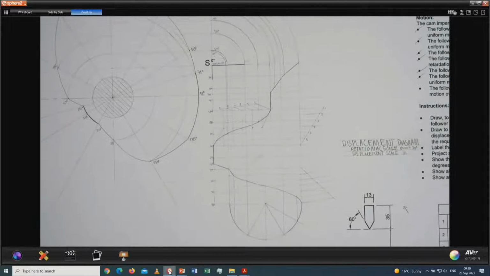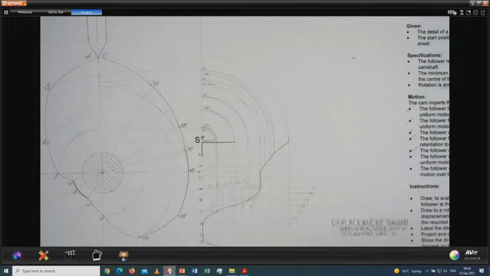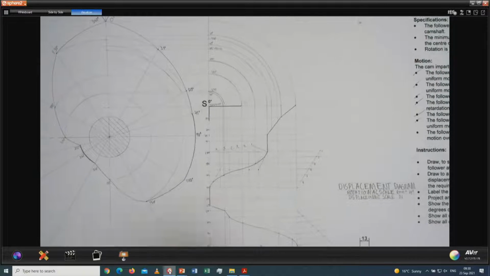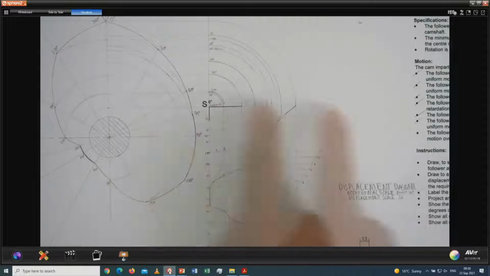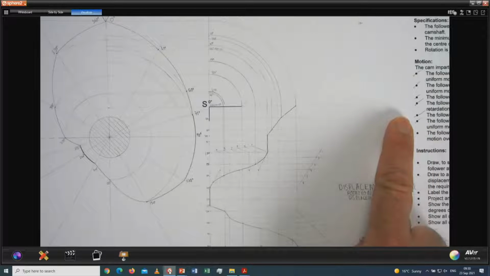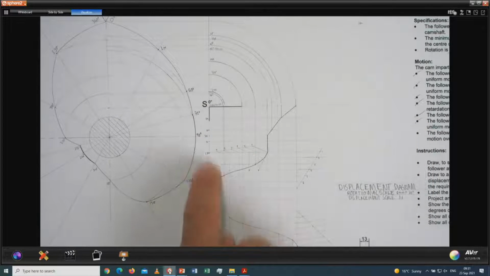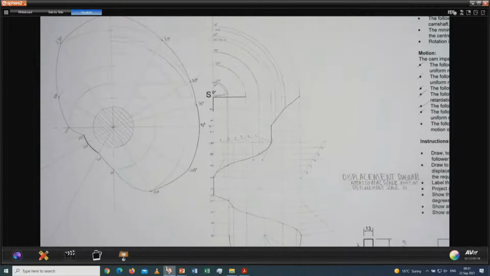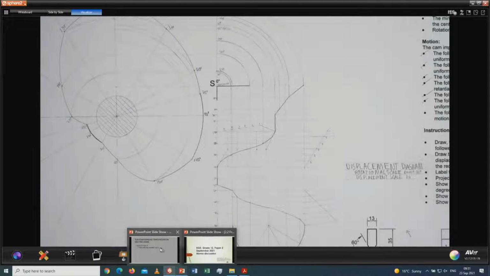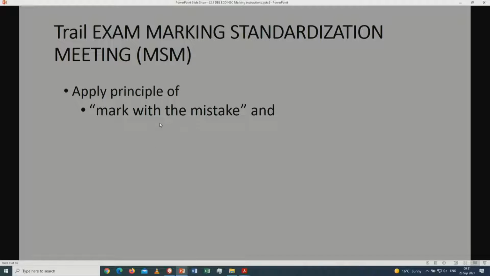With that one, the question was, was there a mistake in drawing it that way? Did the examiner say he has to start there? And did the examiner say it must be horizontal from 0 towards 360 from left to right? Or is it wrong in doing it downwards, like this learner did just now? All right, so that is what I want to point out to you with mark with the mistake.